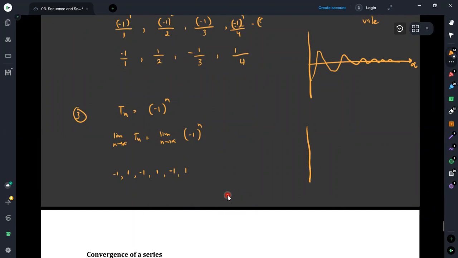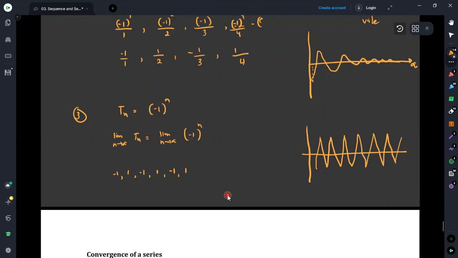If you draw this in a graphical representation, starting from here, I will take not 0 but 1. It starts from here, then goes up to plus 1, again minus 1. Then we are not getting a convergent value. It is not meeting the x-axis.